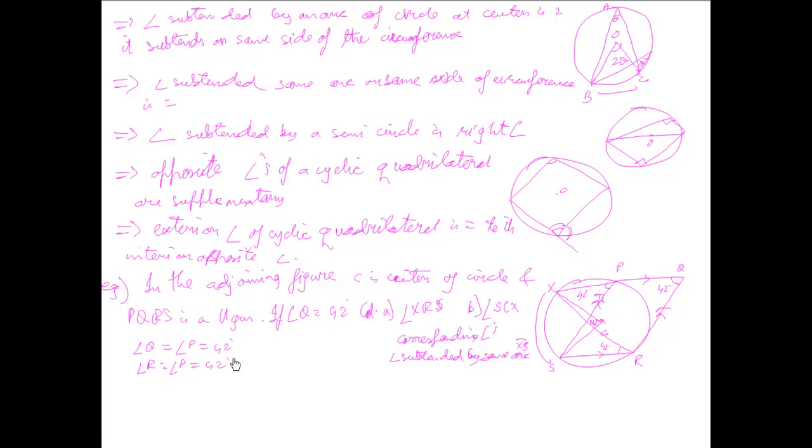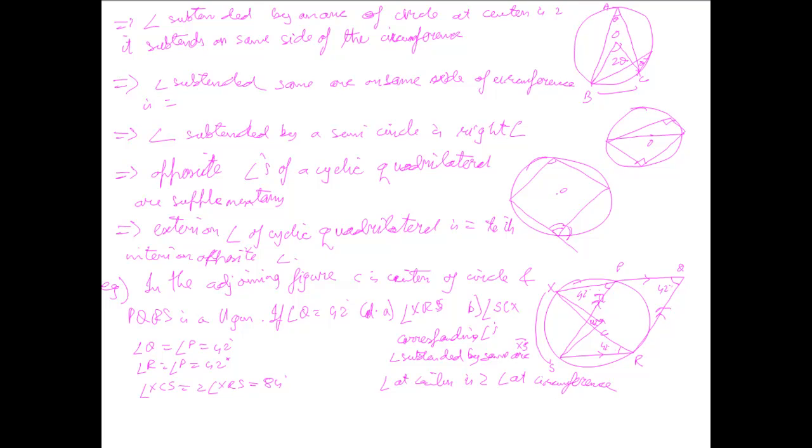Therefore, children, angle XCS is equal to twice angle XRS is equal to 84. Angle at center is twice angle at circumference.